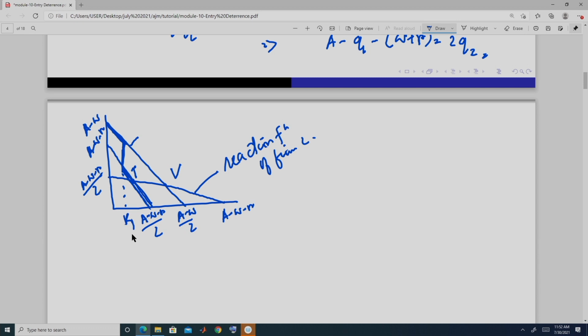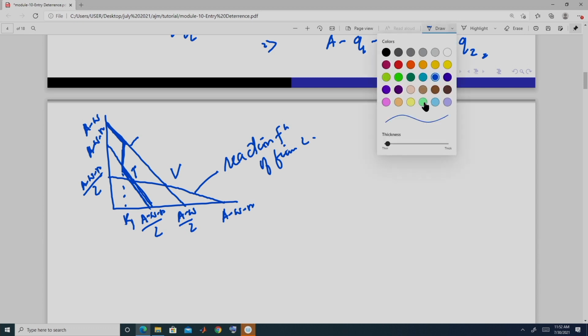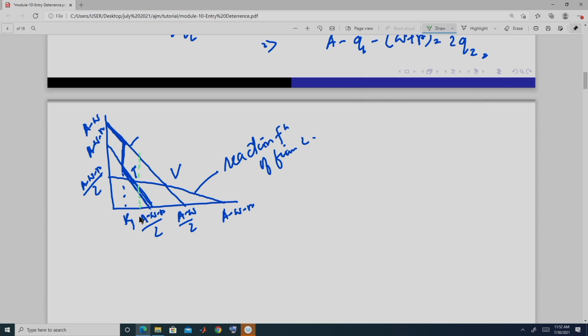If K is the capacity, then the reaction function of firm 1 is this green line. So, we get a reaction function of this nature based on the exact value of capacity.